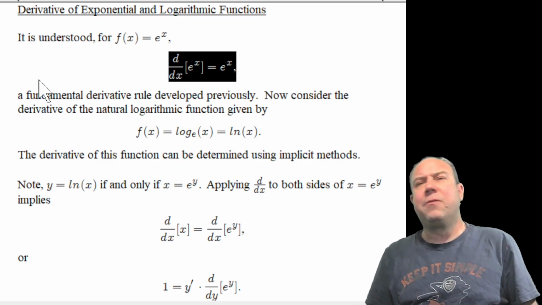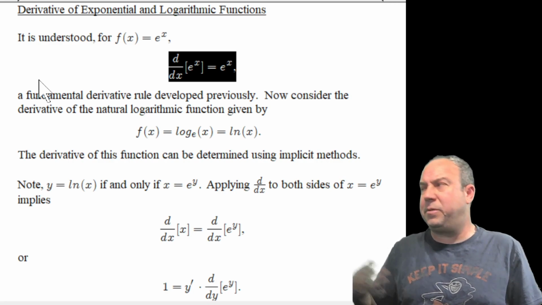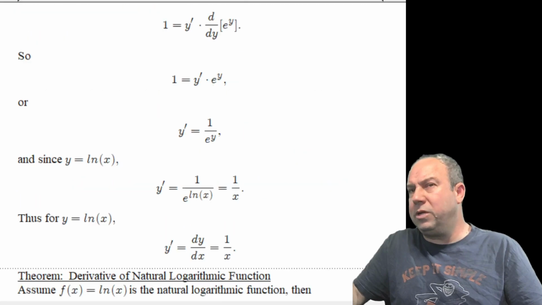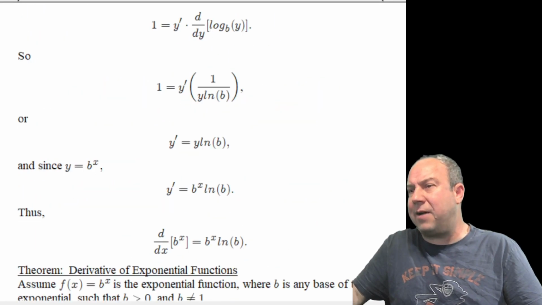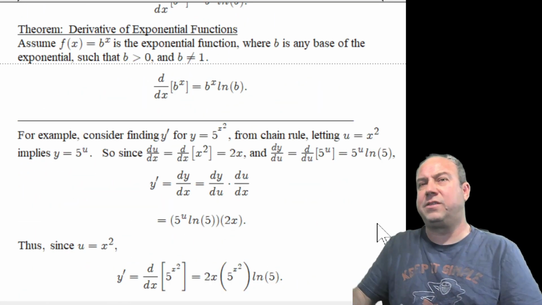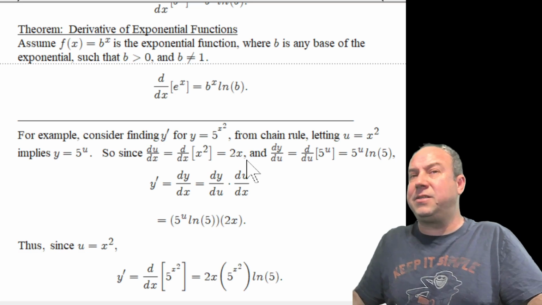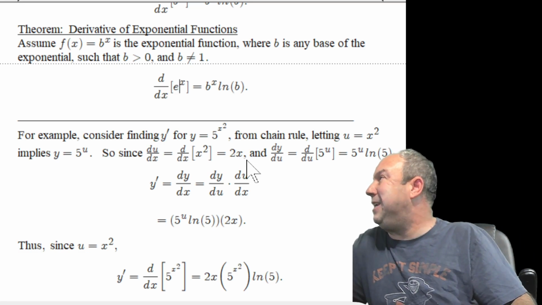And really, if you think about it, the natural exponential function is just a specific case of the rule we just developed. This rule that we just developed, the natural exponential function is just a specific case of b. It's just the case of b equal to e.